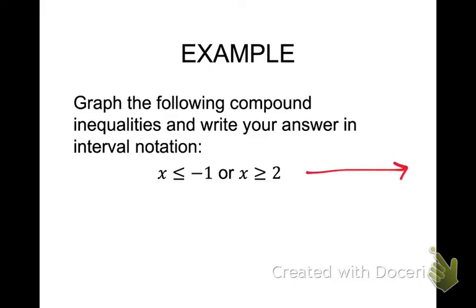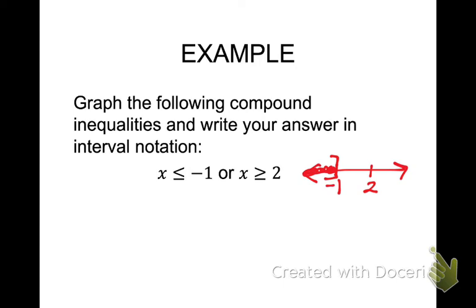So graphs help. So lazy graph. I'm going to put my smaller number on the left, my larger number on the right. At the negative 1, is it going to be a square bracket or a parenthesis? Square bracket facing the left, because I'm going to shade to the left.